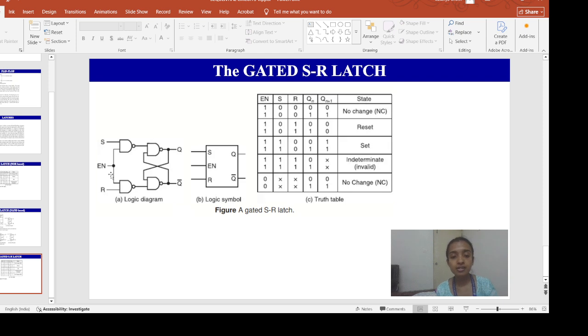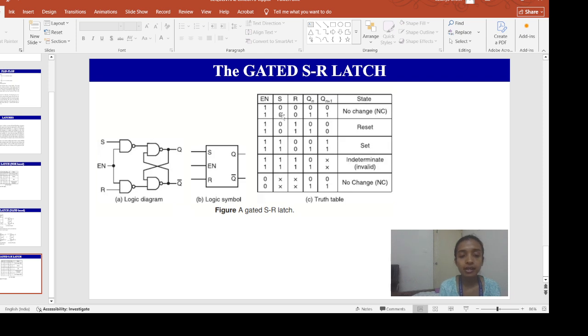The sequential circuits that are controlled by a clock are called synchronous sequential circuits. Here the logic diagram, logic symbol and truth table for the gated SR latch are shown.